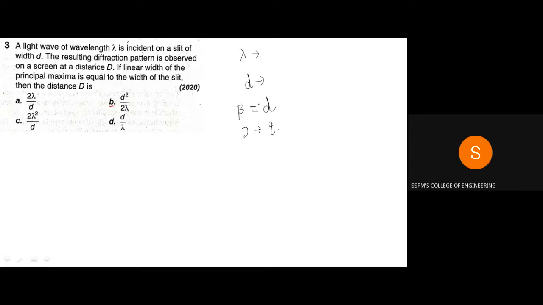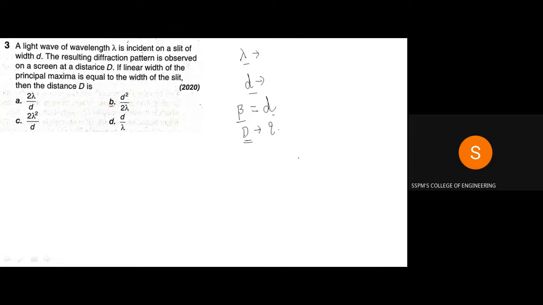Okay, that's the question. What is lambda? Wavelength. What is d? Slit width. What is beta? Beta is the separation in between two successive fringes. That is also called the linear width. And if this linear width equals the width of the slit, then how does it affect D? What is the formula?